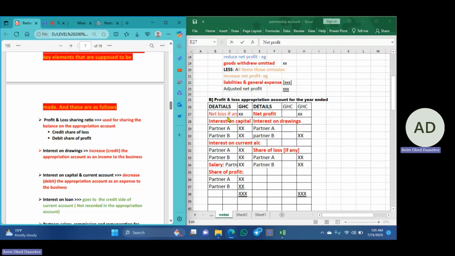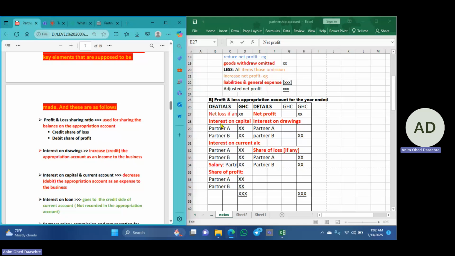And if there is a net loss from the income statement, it will be recorded at the debit side, because it will be seen as a loss to the business.